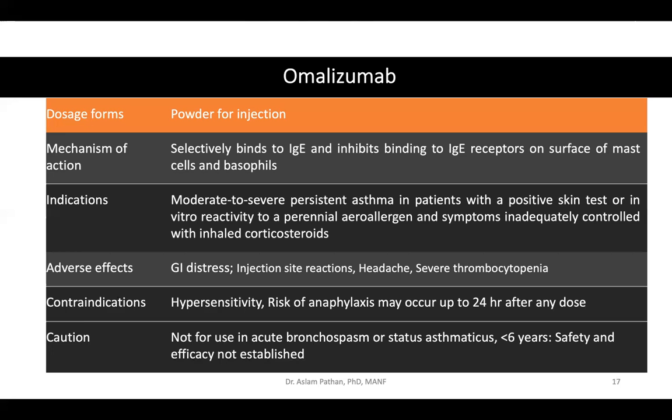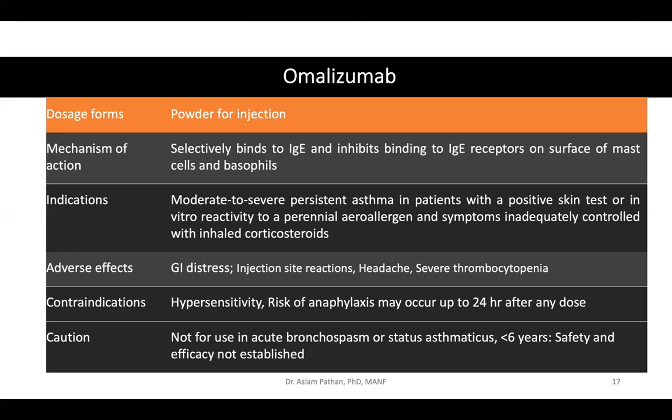Contraindications: hypersensitivity. Risk of anaphylaxis may occur up to 24 hours after first or any dose.